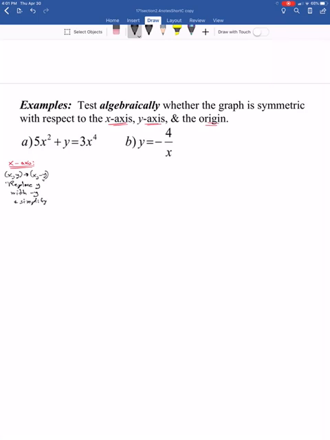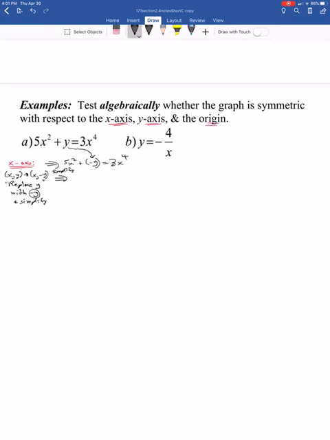So as we go to our equation, that implies we have 5x squared plus y, well, out goes y, in comes negative y. So you can see again that test variable, plugging in negative y into our equation. Now let's go ahead and simplify.